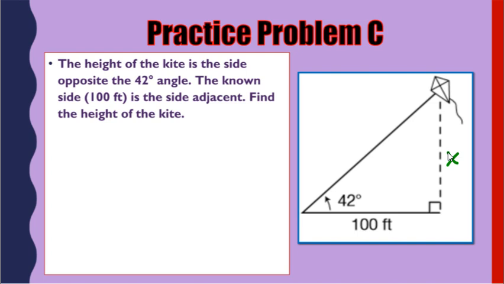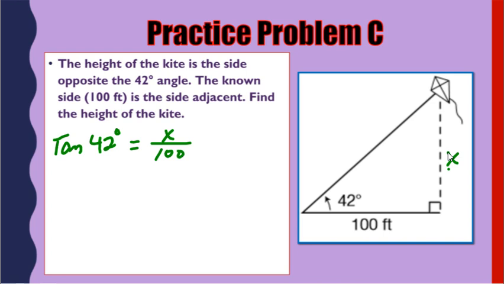So to solve this one, we have an angle of 42 degrees. And we're trying to find the opposite, but we know the adjacent leg. So which one has opposite over adjacent? That would be the tangent.